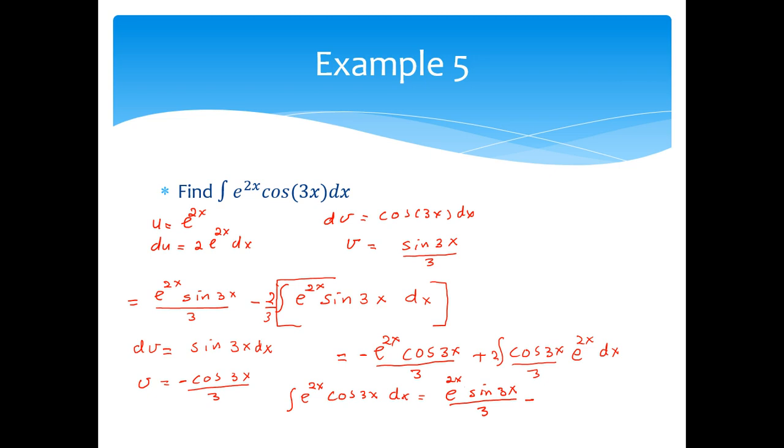here I have 2 times 3, so when we multiply that, it's going to be plus 2 over 9 e to the 2x cosine of 3x plus 4 over 9 integral of cosine.